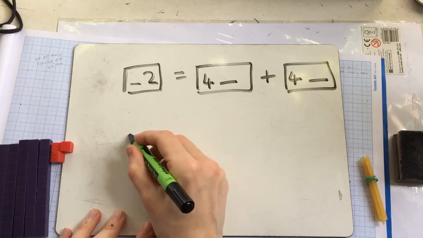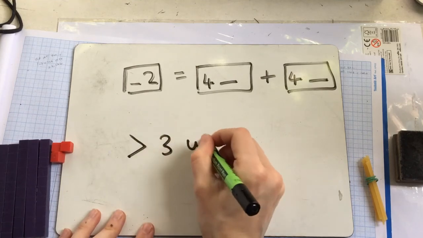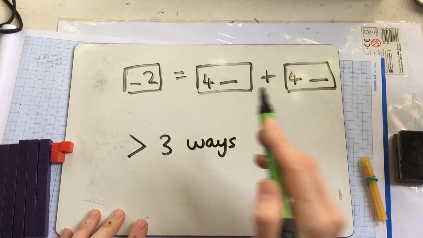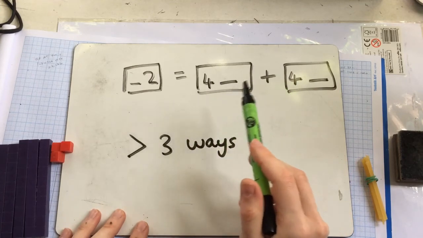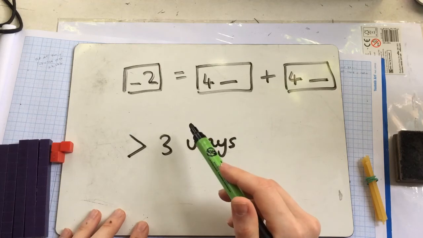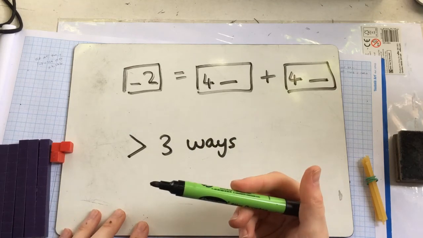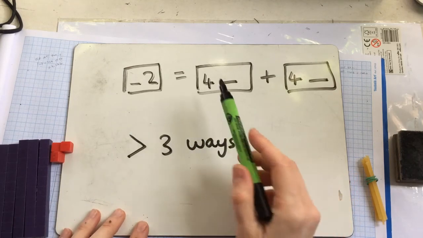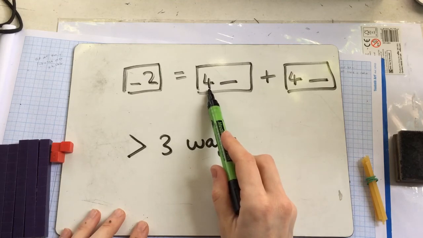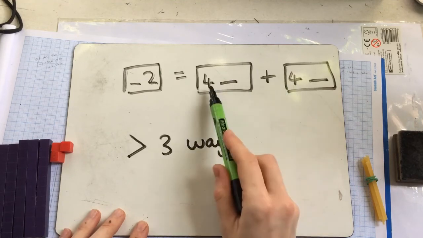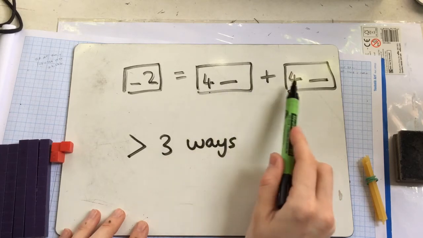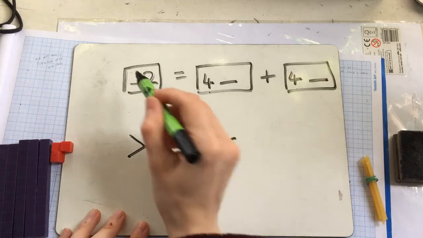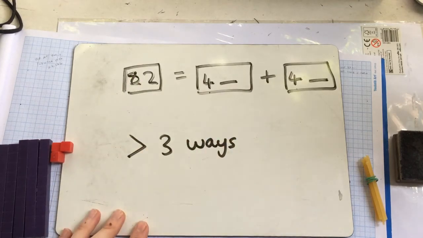And you can tell them as a clue that there are actually more than 3 ways that they can do this. And again, what this does is it really helps children to develop that flexibility of thinking. It helps them to manipulate numbers a bit more effectively. So for example, they might see, this is a bit of a clue, if we've got 2 addends here and we've got 4 tens and 4 tens, they know that they've got to combine those tens to make 8.